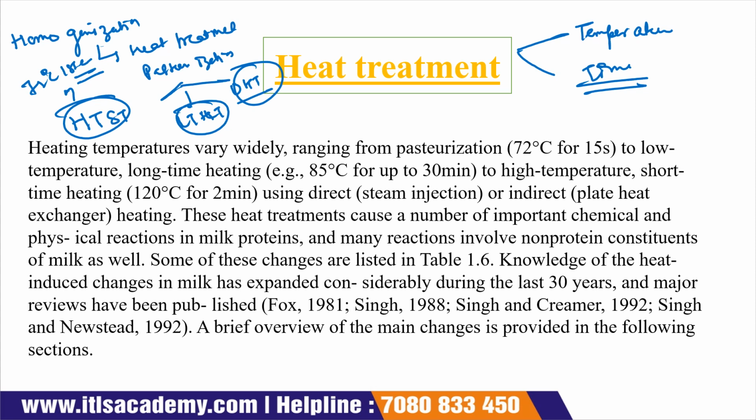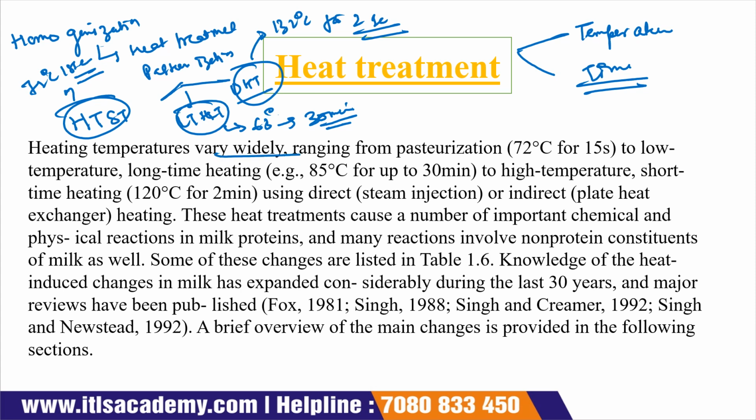If the temperature is in the range of 63 degrees Celsius, then it is for 30 minutes. Then the next is your UHT. In that, the temperature is around 132 degrees Celsius for 2 seconds. So this is the basic of heat treatment.